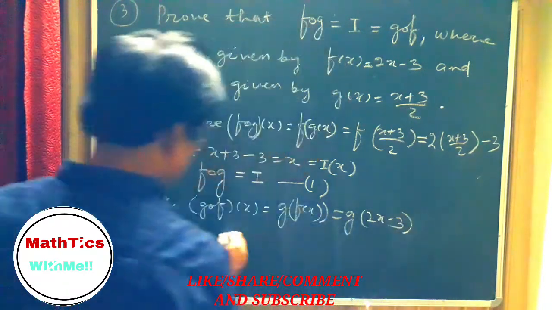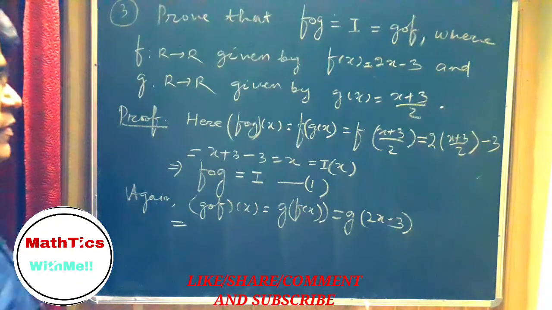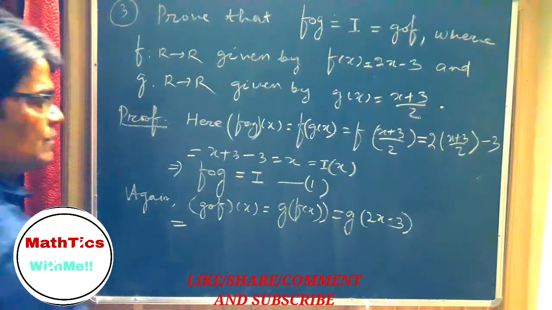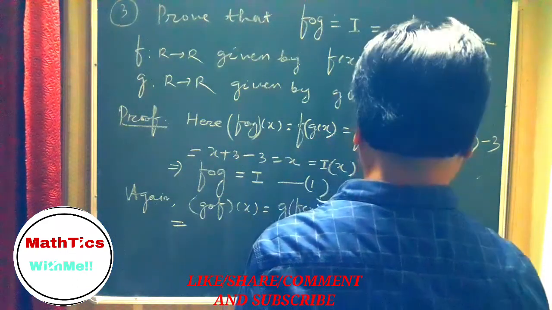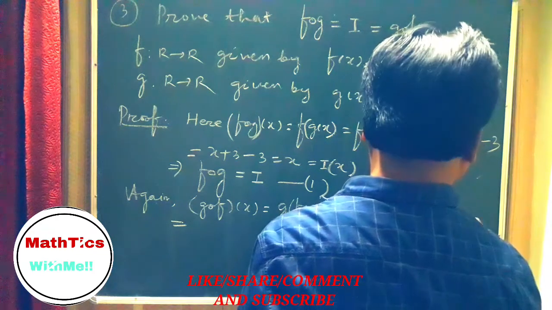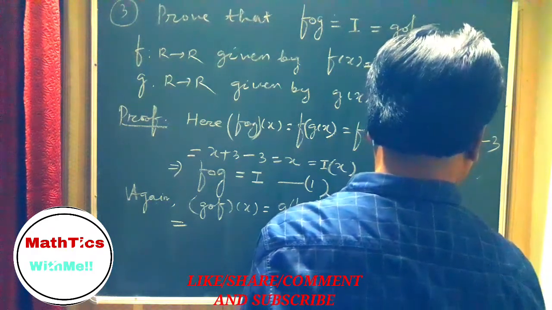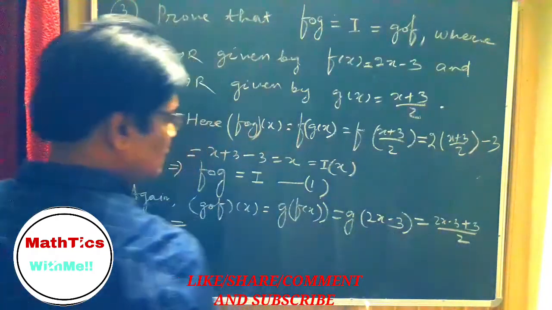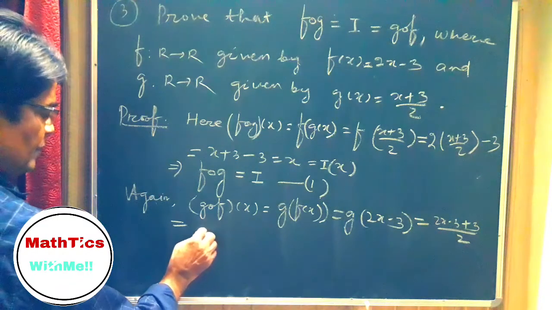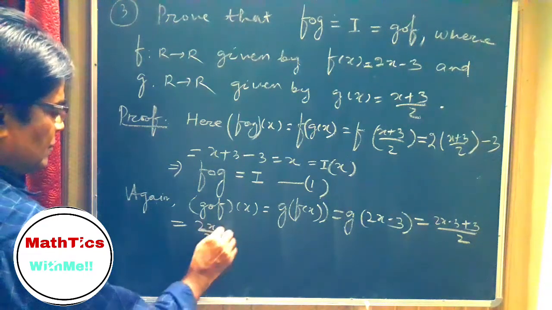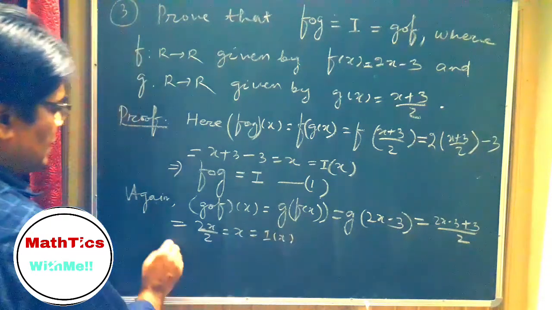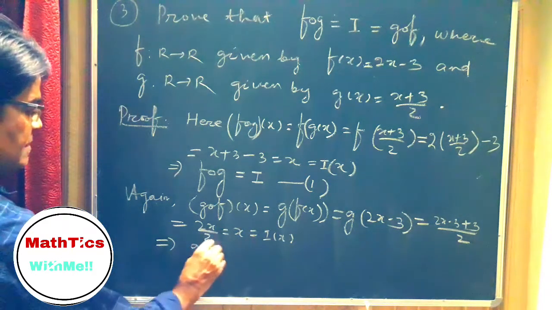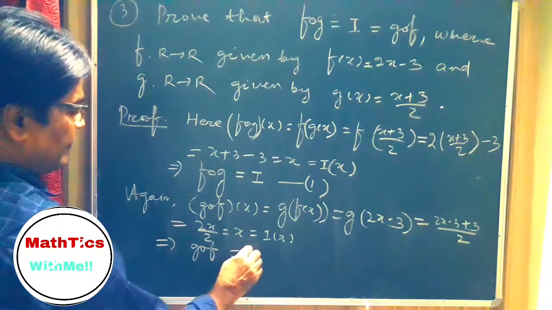And this is equal to, g(x) is (x + 3)/2, so obviously it will be (2x − 3 + 3)/2, which is equal to 2x/2, which is equal to x, which is equal to I(x). So this implies g o f is equal to I.